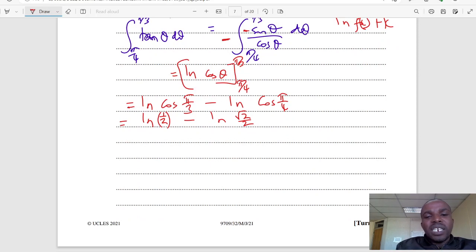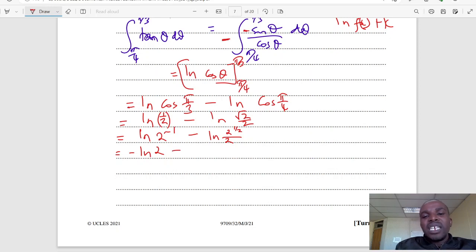Then let's simplify this part. Apply the laws of logarithms. It will be ln 2 to the power minus 1, then minus ln of 2 to the power half over 2. Then you can say minus ln 2, applying the laws of logarithms.